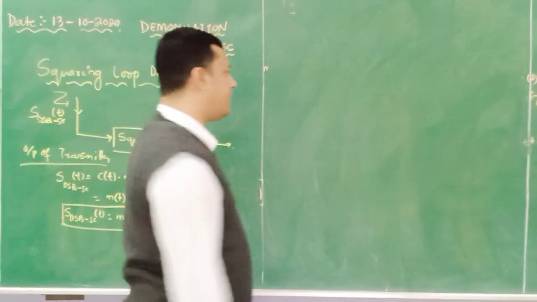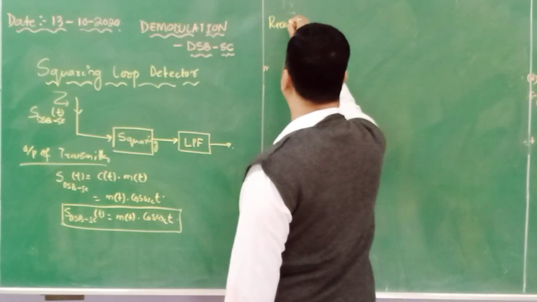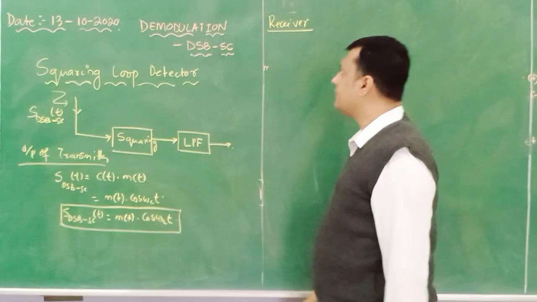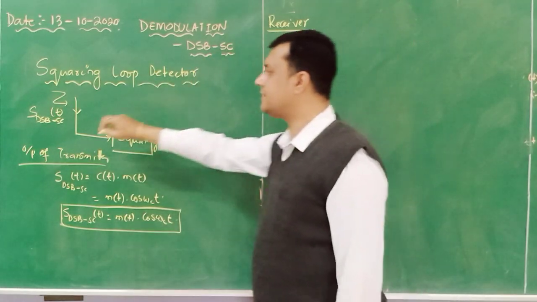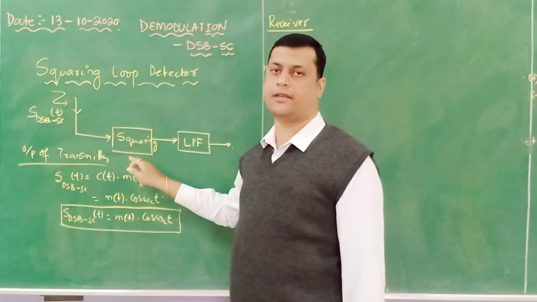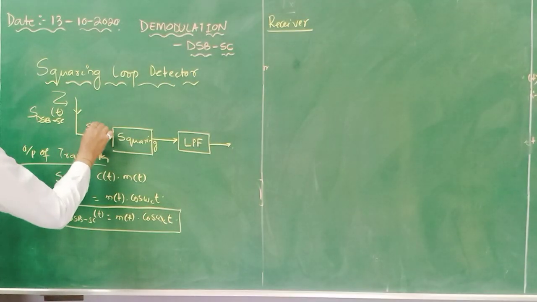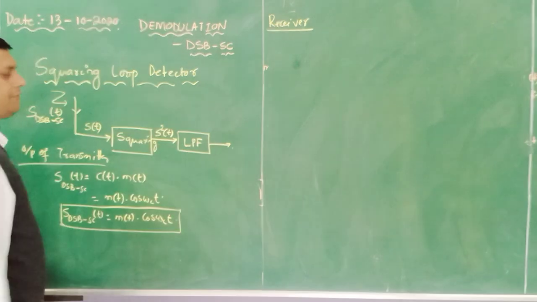Done. Now at the receiver, what happens? At the receiver, these are all mathematical analysis. Okay. So at the receiver, the mathematical analysis is done. This received signal is fed to the squaring unit. That means if I am providing S of t to it, the output will become S square of t.